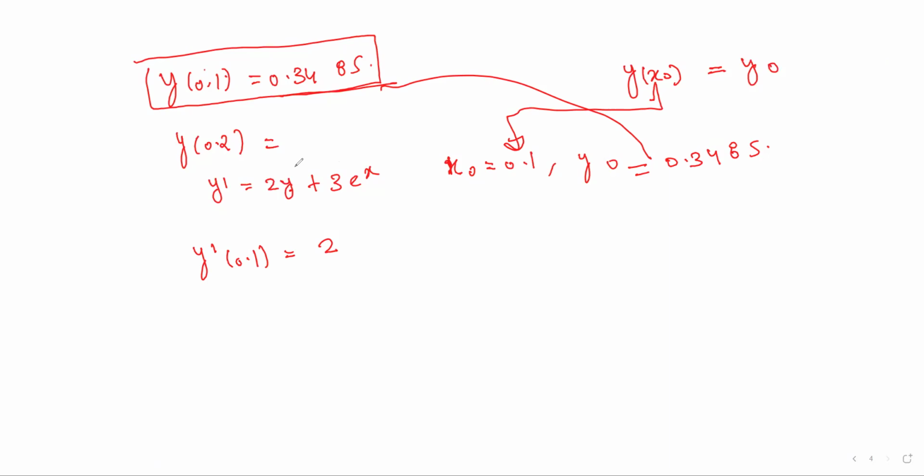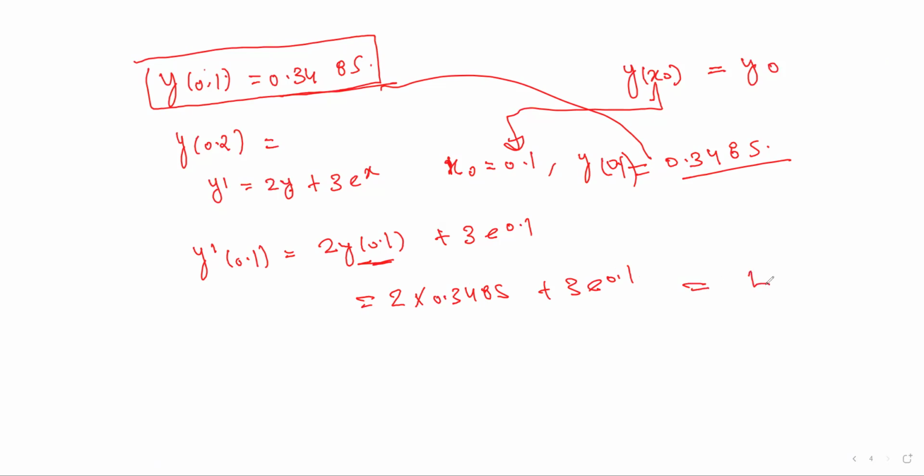So 2 into 0.3485 plus 3 into e power 0.1. You get this value as 4.1025. Same thing you do with y double dash.